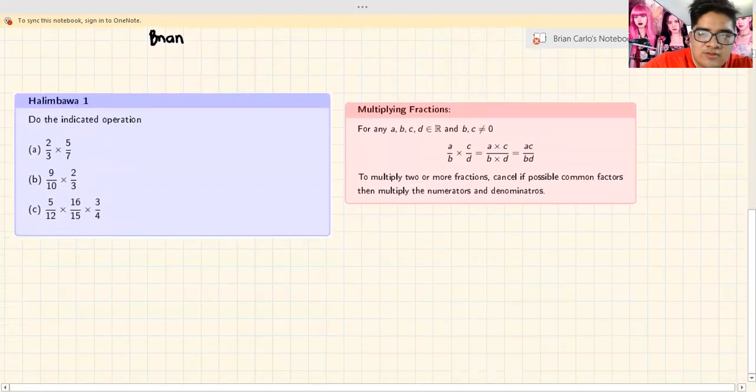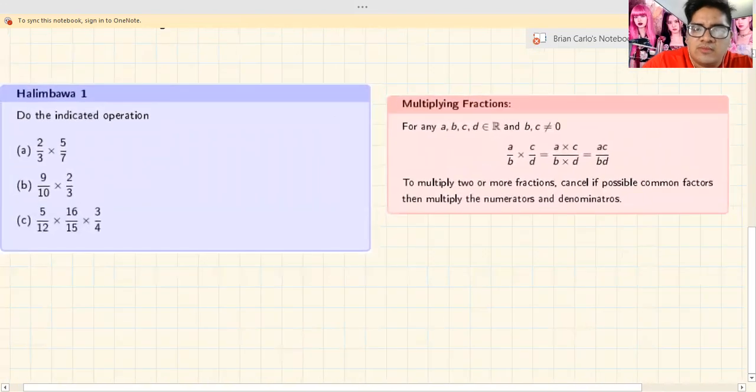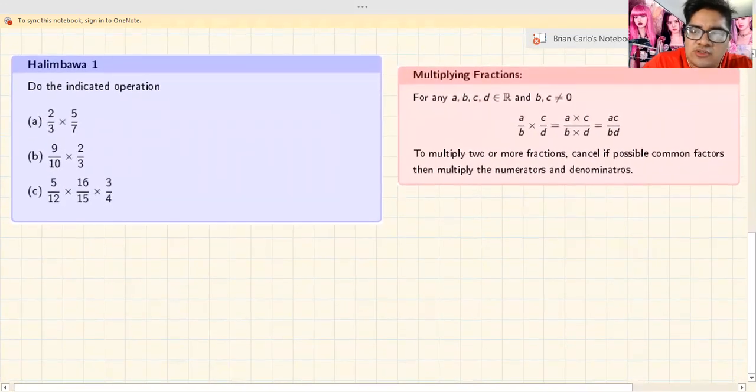Ngayon, first, we will be discussing multiplying fractions. Ngayon, how do we multiply fractions? Ngayon, tingnan natin dito sa red part. For any A, B, C, D na real number, ibig sabihin kahit anong number yan, where B and D is not equal to 0. Kasi bakit?